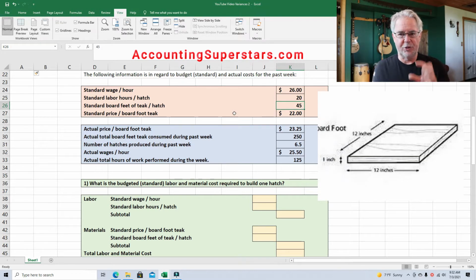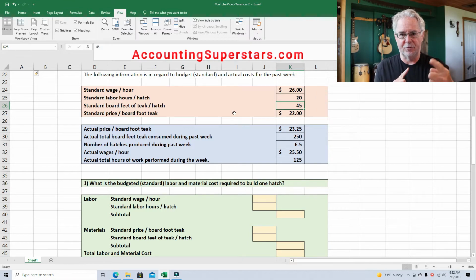It can be 2 inches thick, 6 inches wide by 12 inches, whatever, just so it multiplies out to 144 cubic inches. To make it easy, I always say 12 by 12 by 1 inch thick, because that's an easy way to look at it. You could also say 1 inch by 1 inch by 144 inches. That'd be a board foot too.